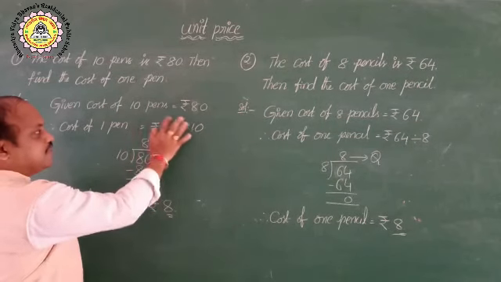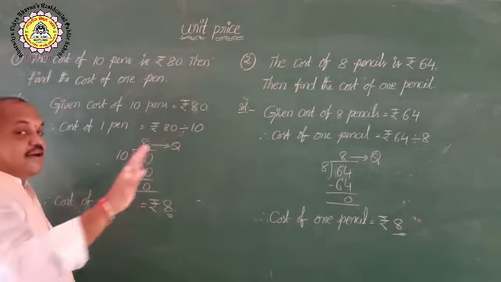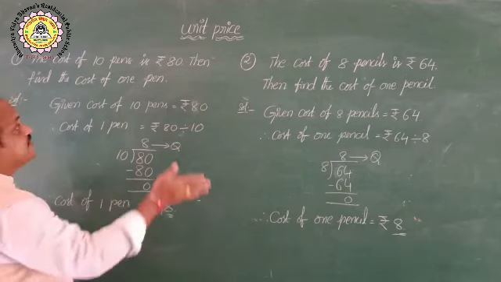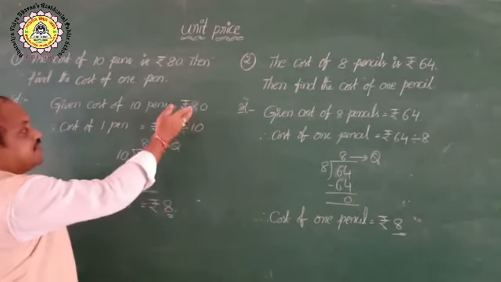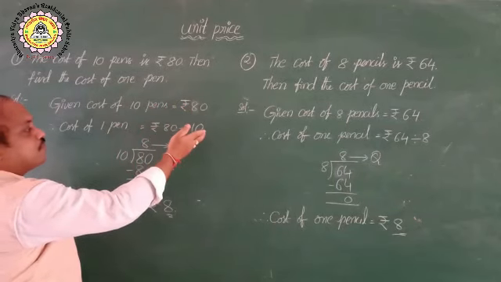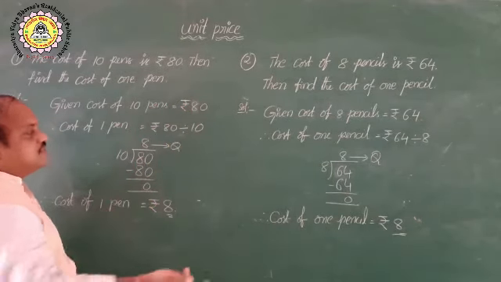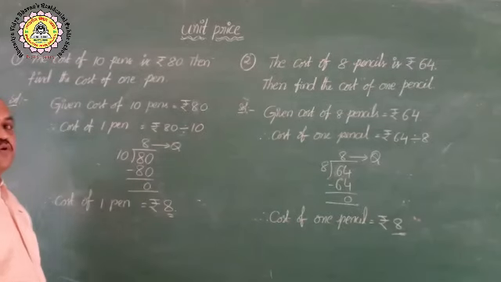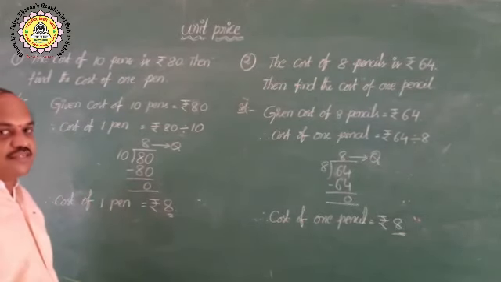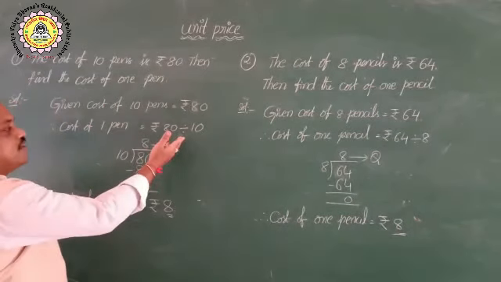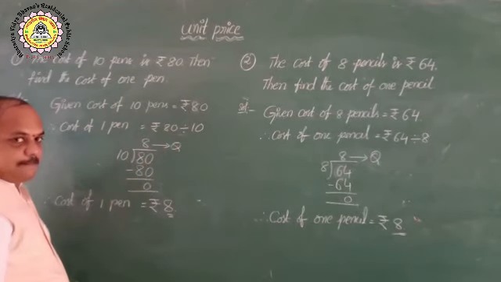This 80 should be divided by the number of pens. How many pens are there? Total number of pens is 10. If you divide the total money by the number of pens, then what will you get? One item cost. That means 1 pen cost you will get. Understand? So that's why I divided like this.